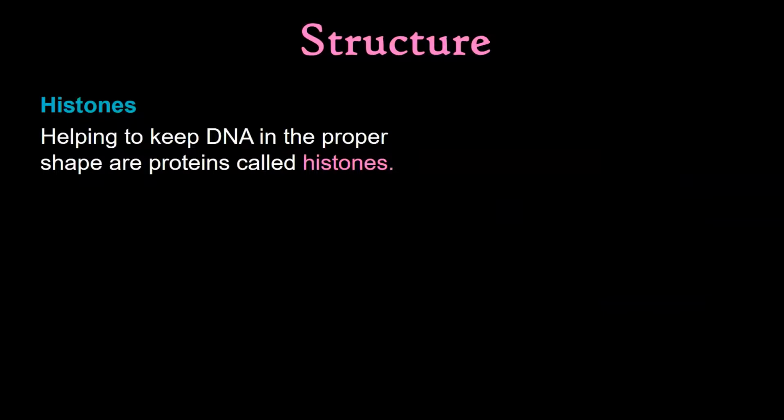Well, the chromosomes are not just made of DNA. They also have proteins as part of them, and the proteins are called histones, and histones help the DNA long string keep in the chromosome shape. Each chromosome has a very consistent shape.